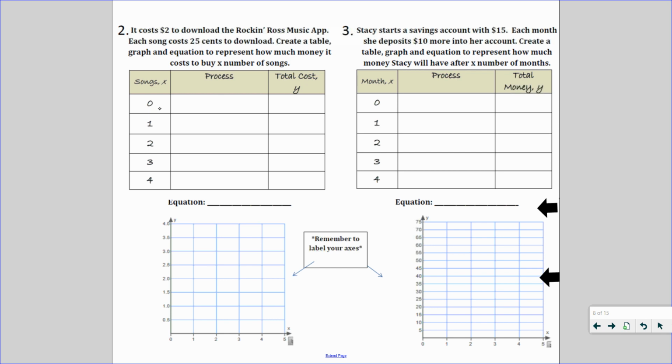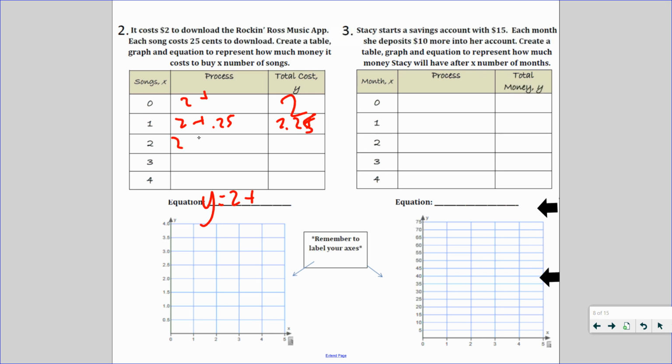So if I buy 0 songs, it'll still cost me $2 because you have to download the app. If you go to the App Store, it's not free. So what do you think the equation is? y equals 2 plus. So if I download 1 song, it's costing me $2 to download plus 25 cents for that 1 song. So that's $2.25.